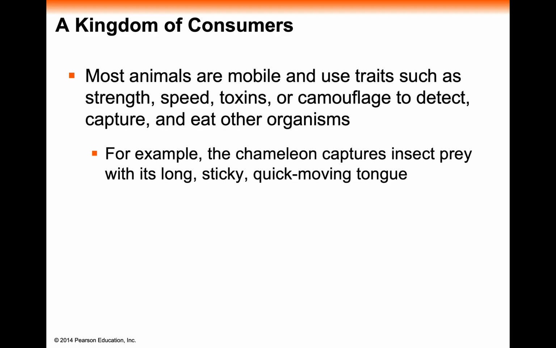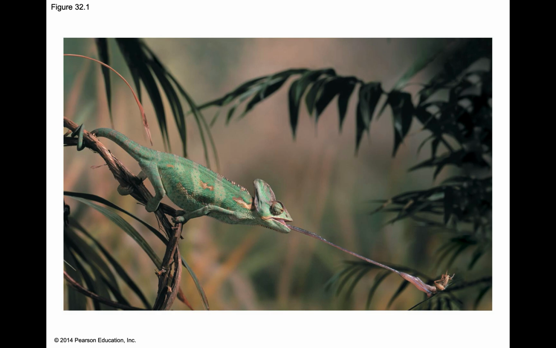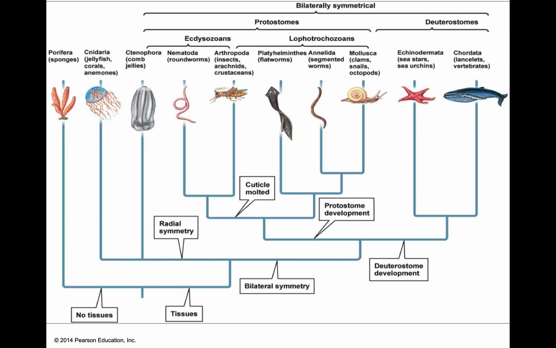Long, sticky, quick moving tongue. If the tongue wasn't long, it wouldn't have as much of a reach. The stickiness increases its chance of success, and it has a quick moving tongue. Again, speed is an important issue there. So there you go, picture of a chameleon.